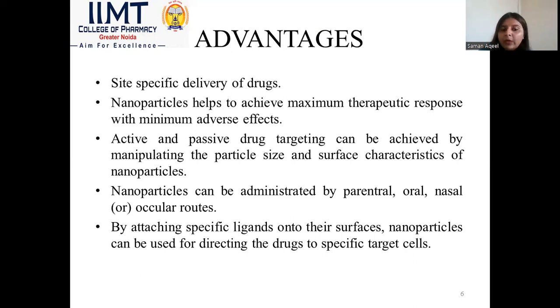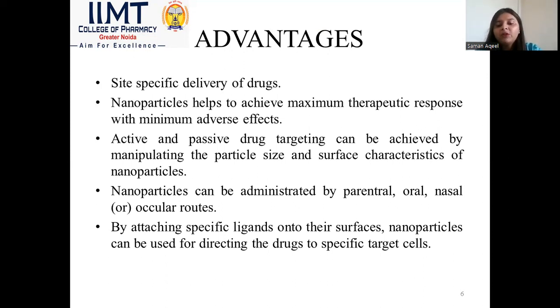Next, nanoparticles can be administered via various routes: parenteral, oral, nasal, or ocular, because the size of nanoparticles is very small. The last one is that by attaching specific ligands onto their surfaces, nanoparticles can be used for directing the drugs to specific target cells.